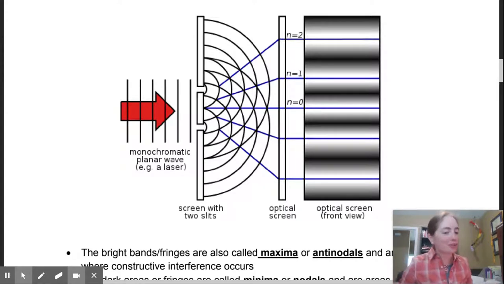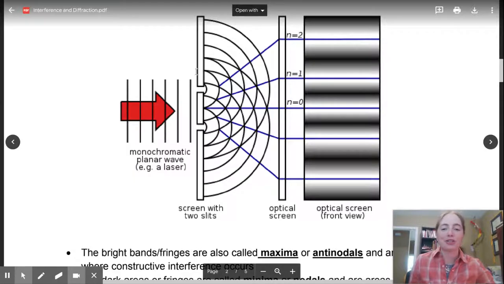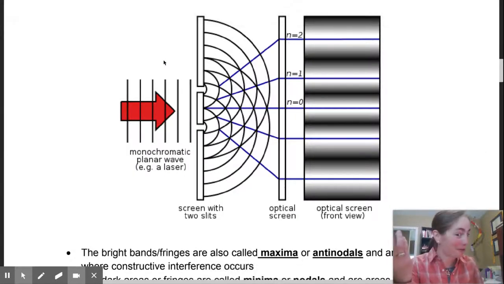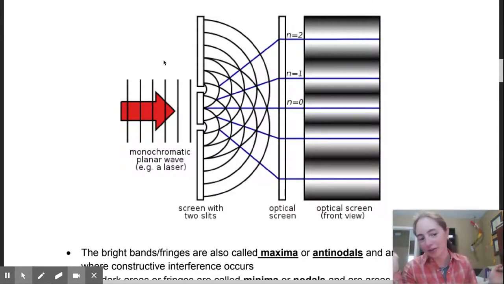So the principles are going to be the same between the two. The only difference is that in Young's double-slit experiment there are two slits or two holes in a barrier, and a diffraction grating has many slits. Okay. So as you already saw in the video, I'm hoping you guys just watched. If you haven't paused the video and haven't watched it, don't worry, I won't judge, I promise.